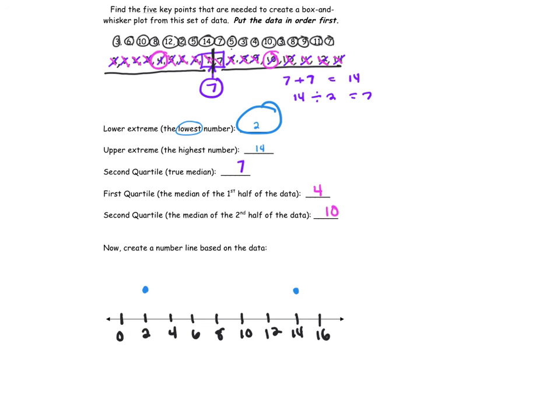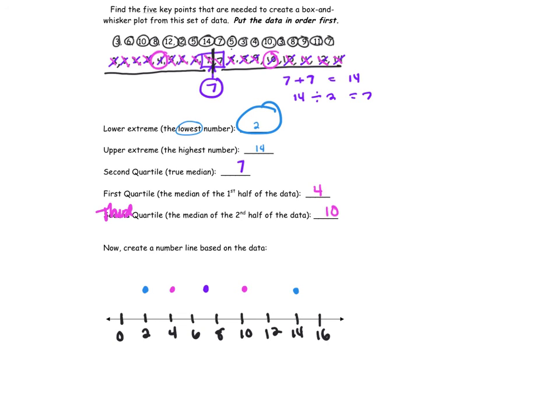And unfortunately, I didn't mention this before, but I'm trying to keep all of these points horizontally aligned, so they're kind of in a row. So 7 would be approximately here, trying to keep all those points in line. Now I need my first quartile, which is above 4, and I need my third quartile. This should actually say third quartile; I just caught that typo. Third quartile, and that's 10.